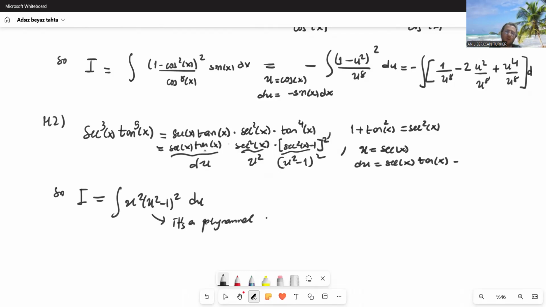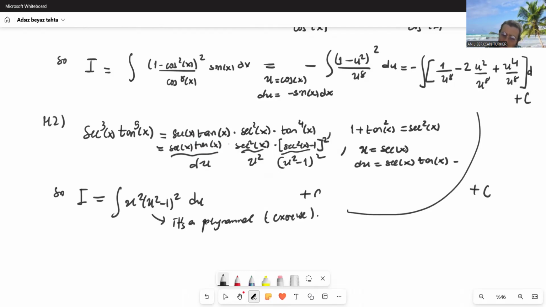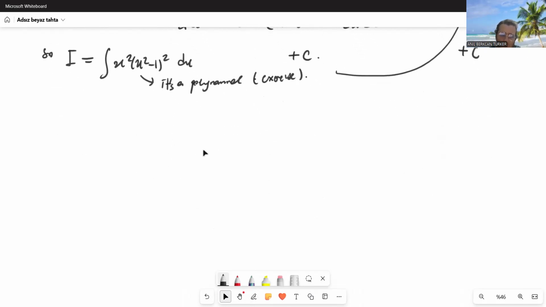So it is very easy to calculate. You should definitely do it. It's a polynomial exercise. And you can compare that this integral and this integral have the same solution plus some constant. There should be some constant difference. Okay. So what else?